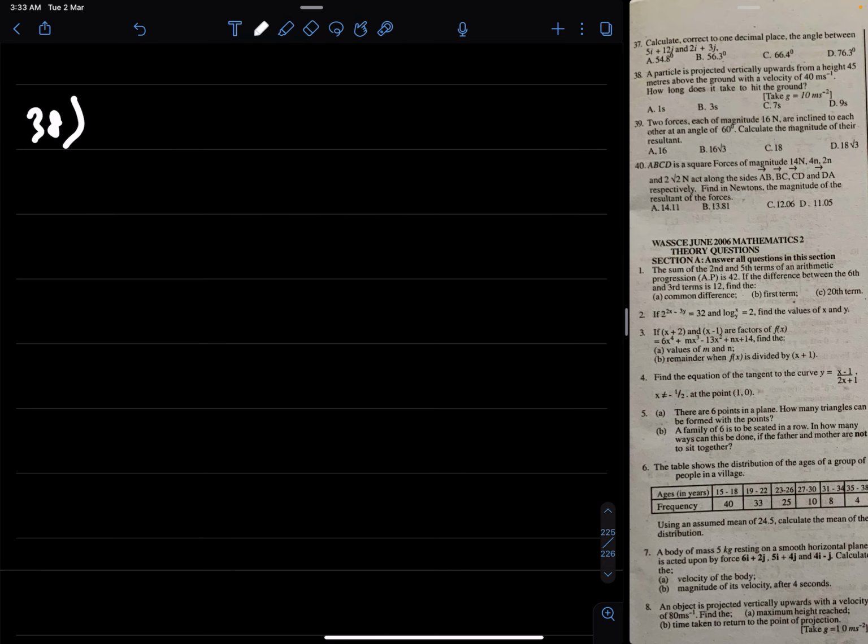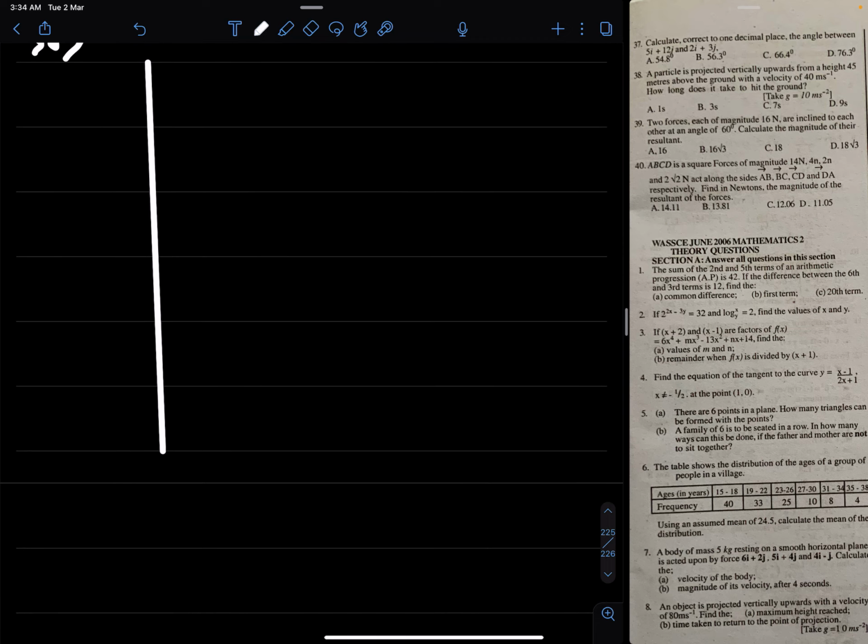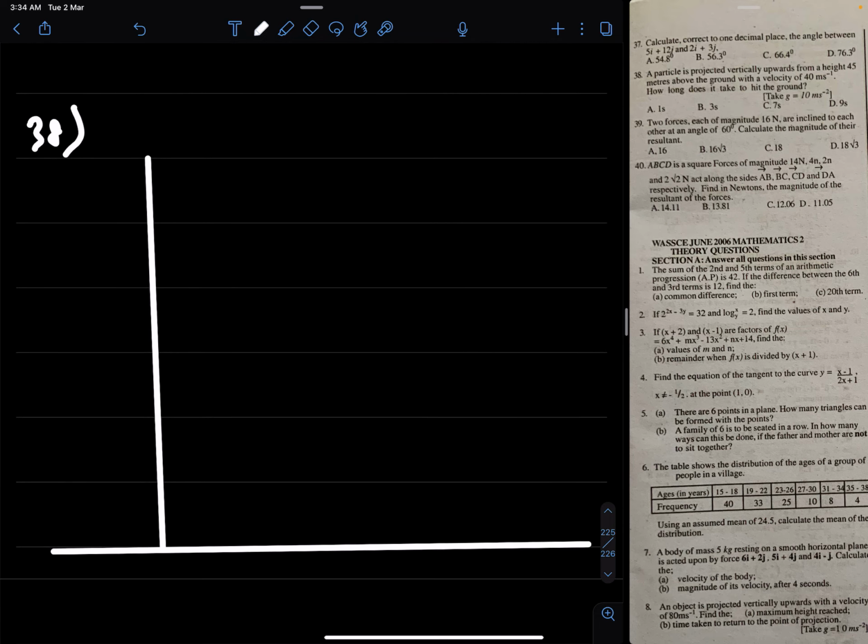Okay, let's do that. Let this be the height from the ground. If this is the height, and this is the ground, I need a straight line. Yeah, that's the ground. Now, if this is 45 meters, that's the height above the ground, and the body is projected from here.